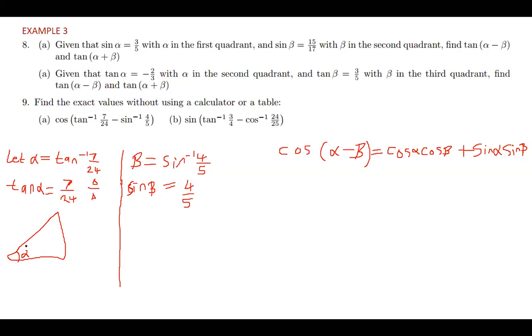So my opposite to this angle is 7, and then my adjacent to this angle is 24. So if I have 7 and 24 there, meaning my hypotenuse is going to be 25. When you use Pythagoras theorem, my hypotenuse is going to be 25 this side.